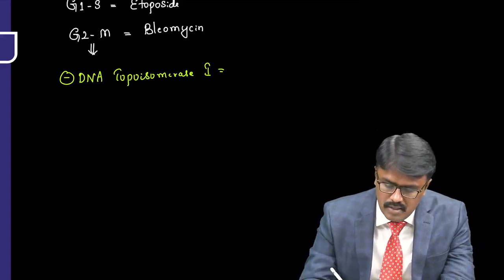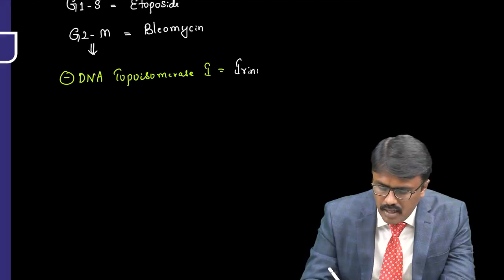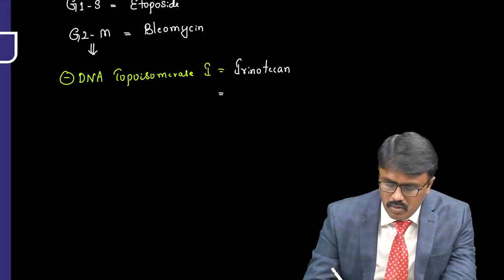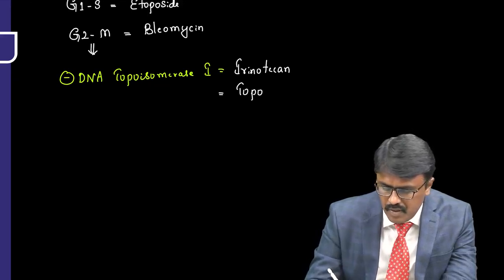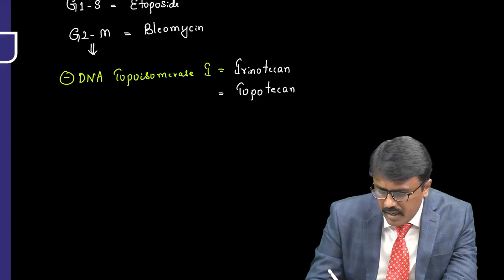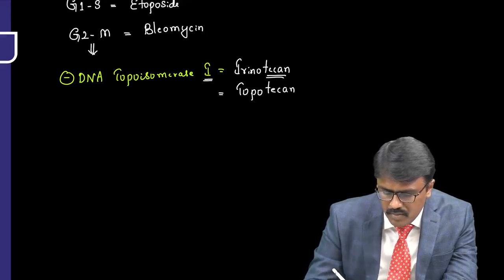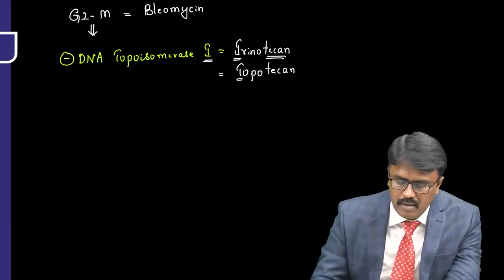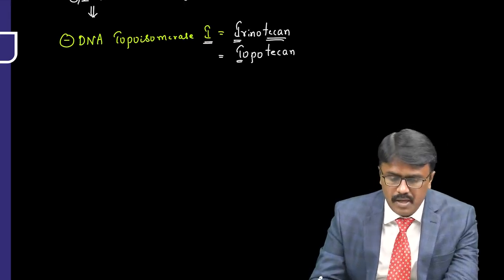What do you call them? They are called irinotecan and topotecan. So they end with tecan. Remember that topoisomerase 1 looks like I. So IT will inhibit DNA topoisomerase 1.